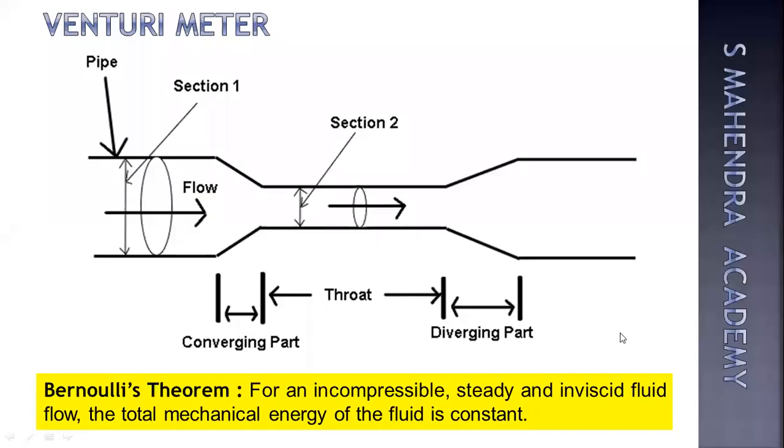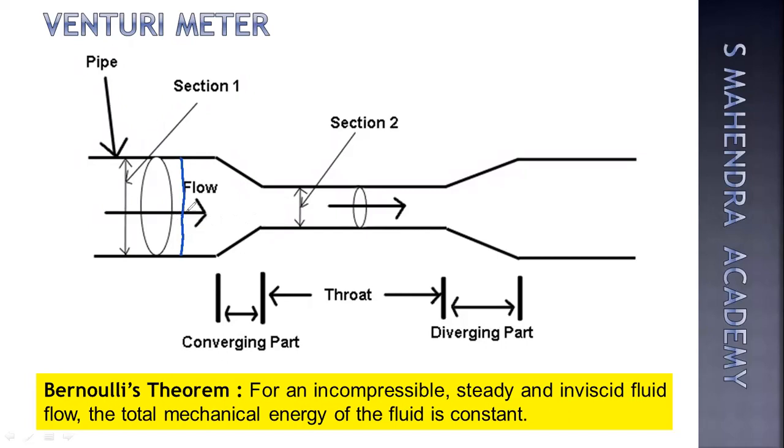We know the kinetic energy is a function of velocity. Therefore, the changes in kinetic energy will occur in the inlet and the throat because of the change in the cross-sectional area of the inlet and throat.